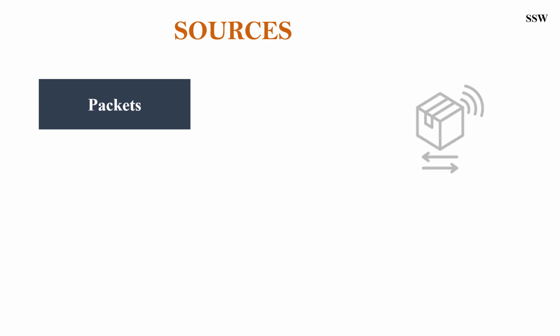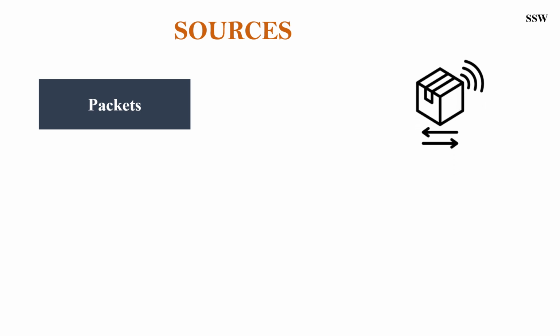Next point is sources of network based evidences. So some of the common sources where you may find network data during the investigation will be discussed here. First is packets. So packets means the information or the data which is exchanged between the network devices, and some packet capturing tools are used for capturing those packets.